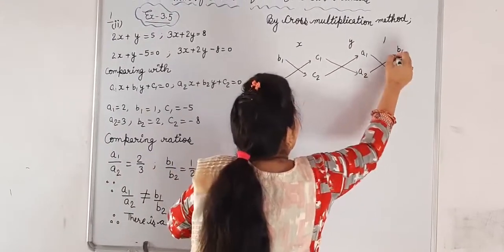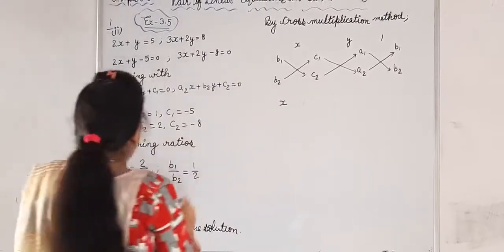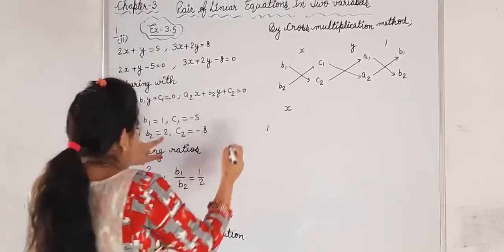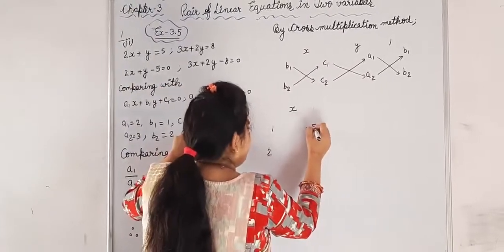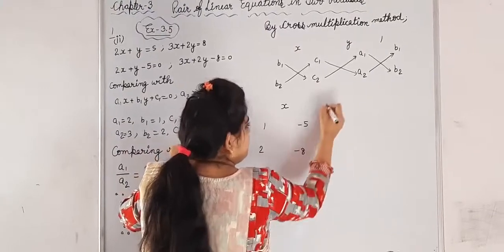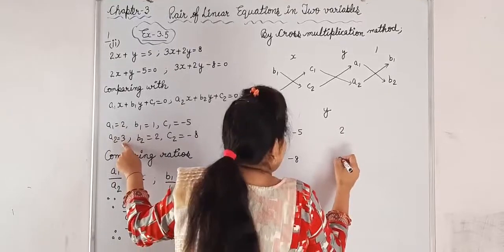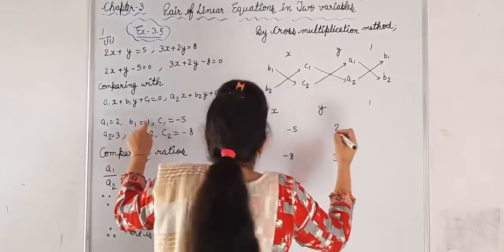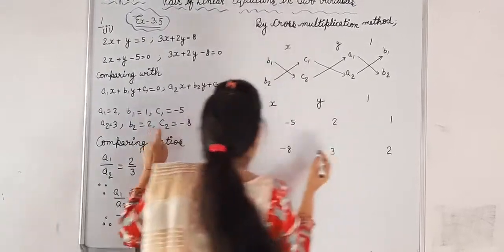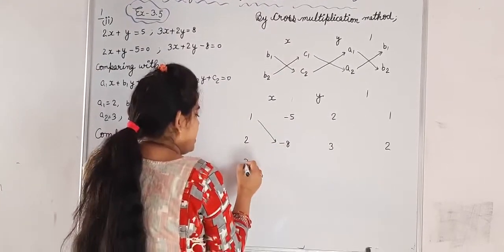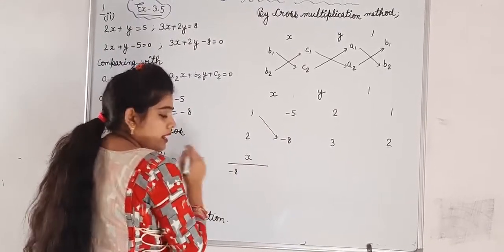We have to use this method, putting these values. B1 is 1, B2 is 2. C1 is minus 5, C2 is minus 8. A1 is 2, A2 is 3, 1. B1 is 1, B2 is 2. Then cross multiplying these. X upon plus 1 multiplied by minus 8, minus 8 will come.